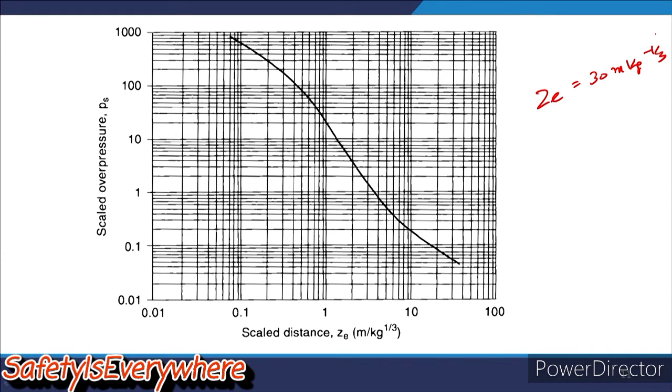So by this way we can calculate the scaled overpressure. Because this is a standard one, it is lying somewhere here.